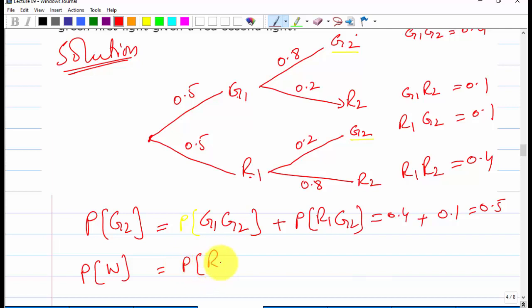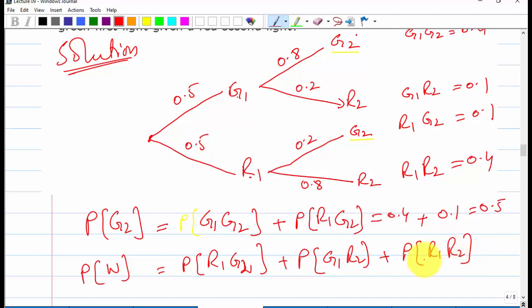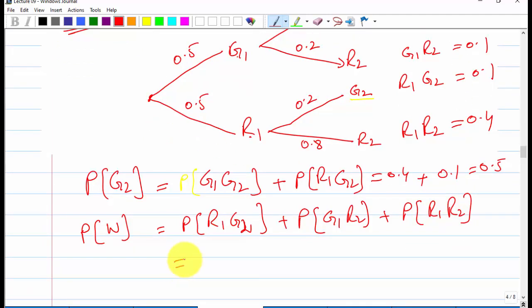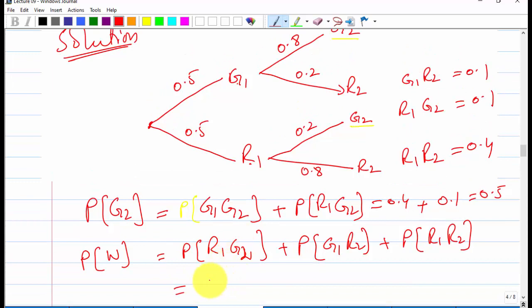So probability of R1 G2 plus probability of G1 R2 plus probability of R1 R2. We know these probabilities: this is 0.1 plus 0.1 plus 0.4, which is 0.6.